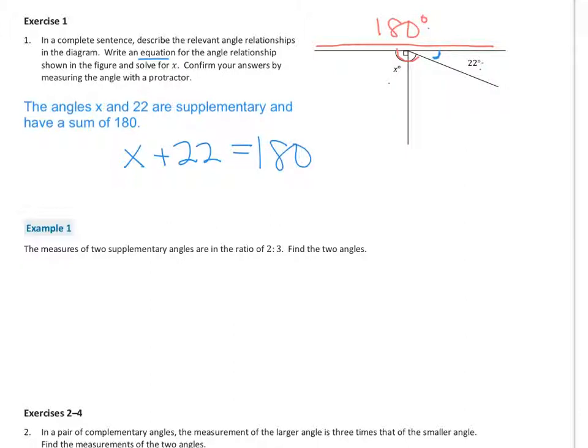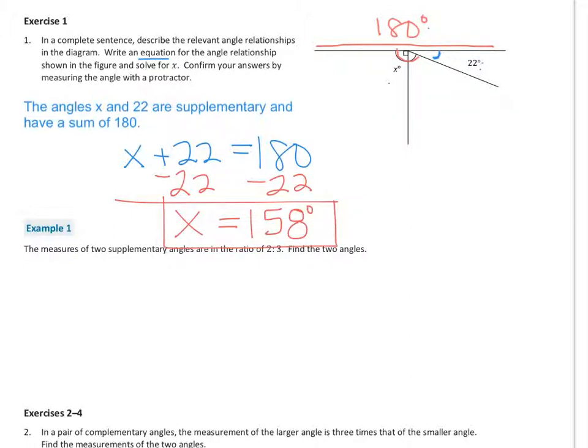So now I have a simple one-step equation, which you are going to see a lot this week, and we have our solution. So 180 degrees minus 22 degrees gives us 158 degrees. All right, so we have a sentence, we have an equation, and we have a solution.